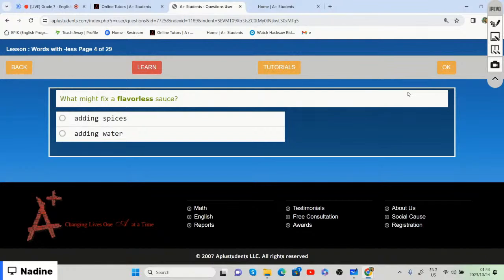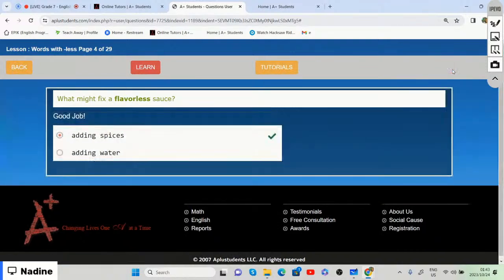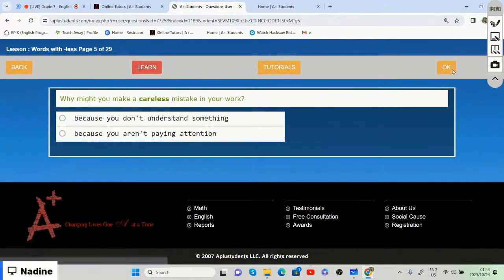Flavorless sauce. So if we want to fix a flavorless sauce, then we need to add spices. So add spices, and that is correct. And spices will add more flavor.